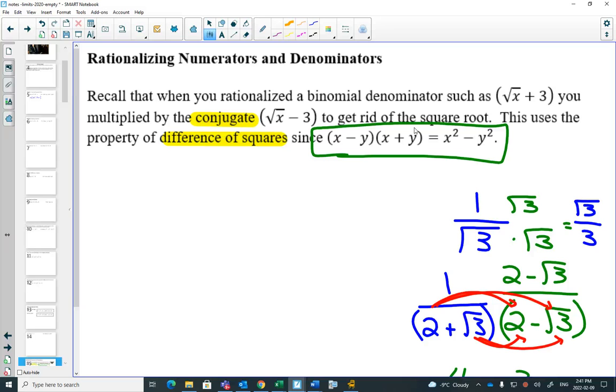Sometimes it's going to be helpful to do the same strategy and rationalize our numerator. And right now, we're just developing strategy techniques so that when we get into our actual limit questions, we'll have the tools able to solve them.